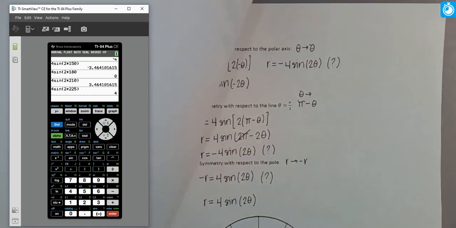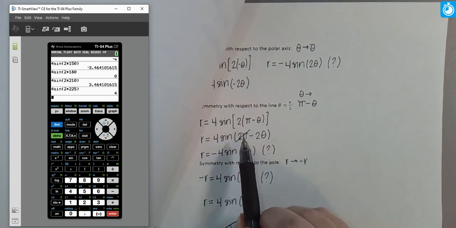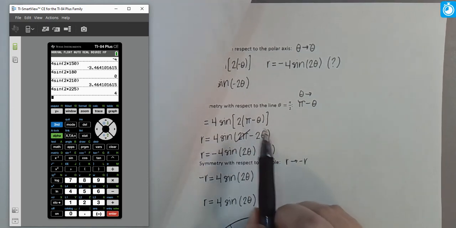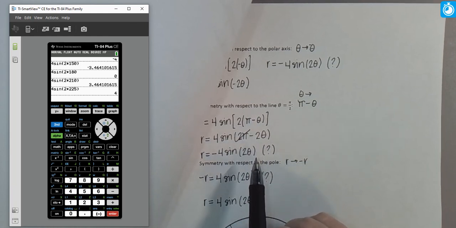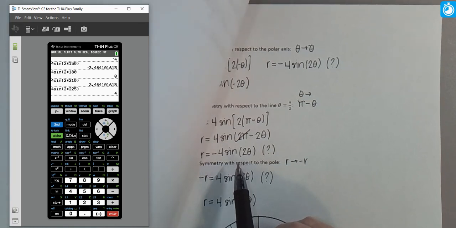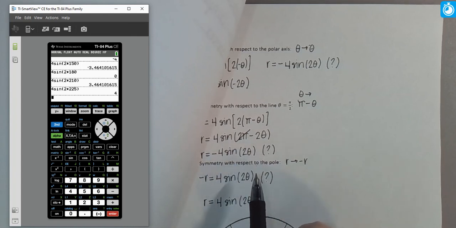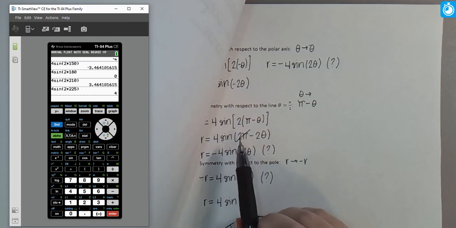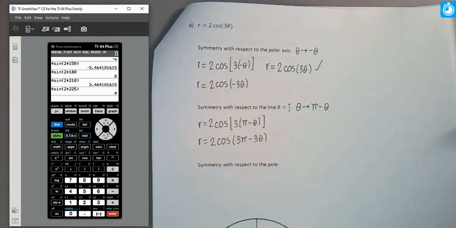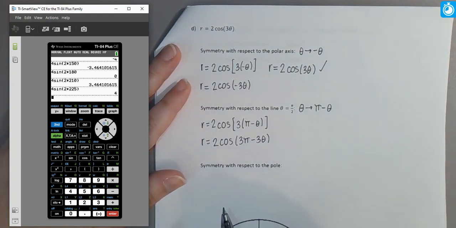Rather than using the sine difference formula when we got to this point, we just recognized that sine has a period of 2 pi, so adding or subtracting 2 pi from an angle doesn't affect the value for sine. It has no impact on the value. So essentially it just cancels out. And then sine, of course, is an odd function, which makes the whole term negative if we allow a positive angle. So in this case, we were able to use this rule because the period of 2 pi appeared. Now here we have a 3 pi. Cosine does not have a period of 3 pi, which means that shortcut does not apply in this case.